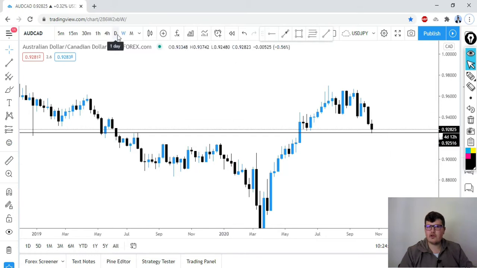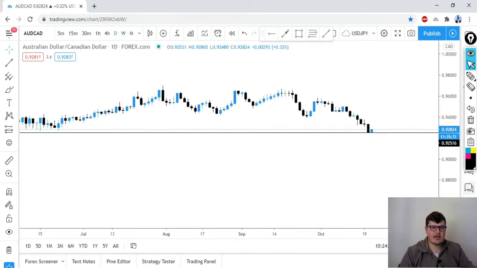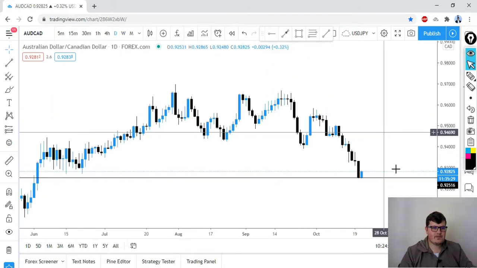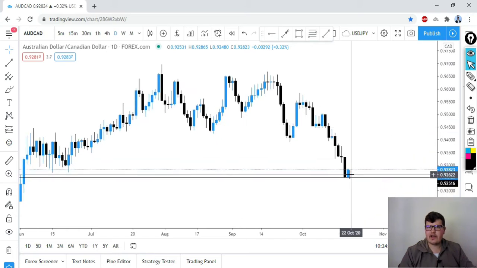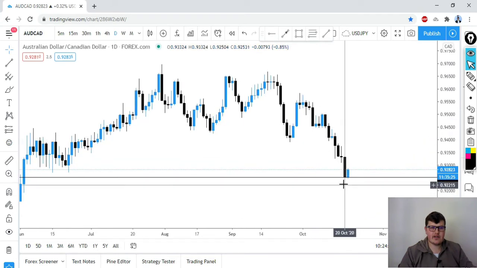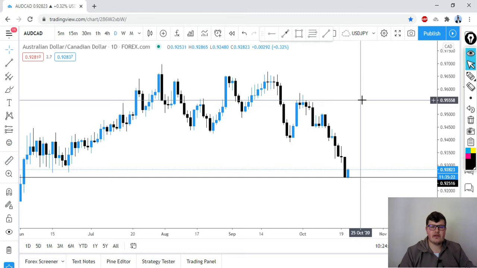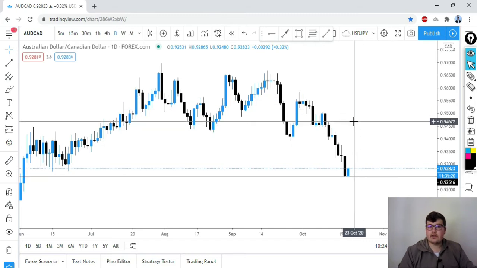So let's move on to our daily time frame now and see what's going on over here. As you can see from this daily candlestick, there is a reaction at this weekly resistance slash support level.